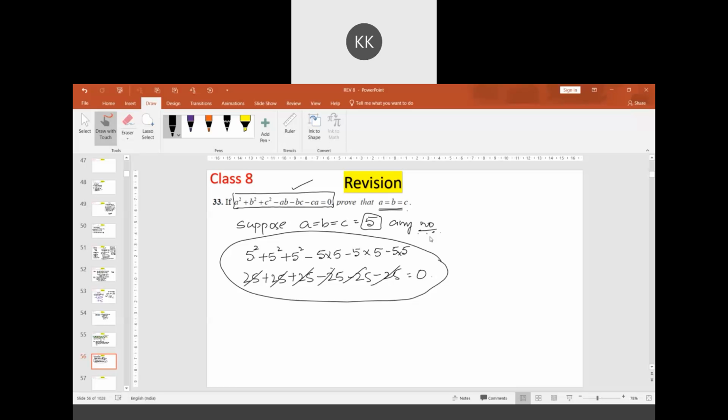We get a square, b square, c square, sir, and there will be a positive 2ab term, a negative 2bc term, but there will be other identities. Difference, no?